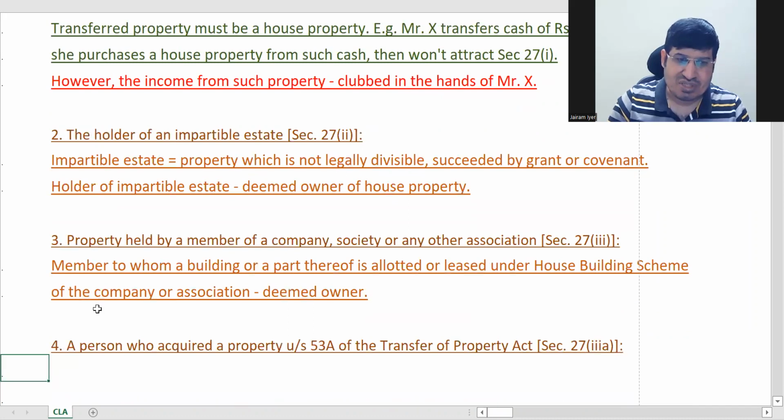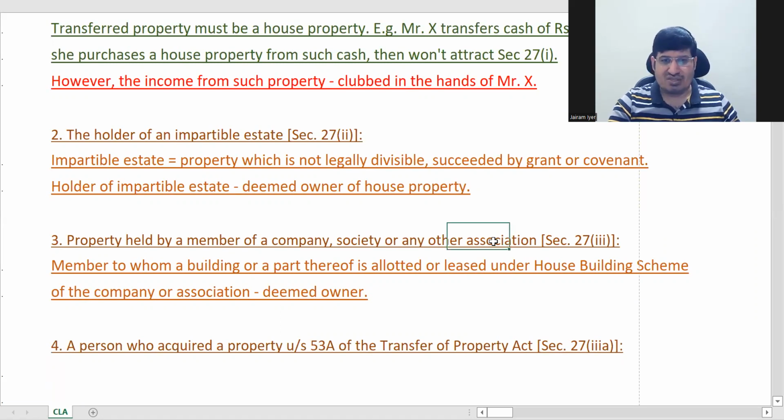So we are referring to property held by a member of a company, society or other association. Here also, as earlier with the society, in certain cases the house is in the name of the real estate company. But for the house, the person who owns that particular unit will be deemed owner.